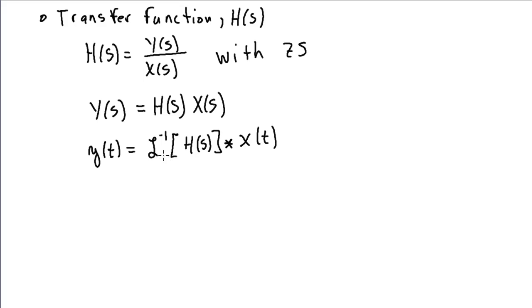So I can write y(t) is going to be the inverse Laplace transform of H(s) convolved with x(t). But we also know from previous chapters that we can get this zero state component, y_x(t), by convolving h(t) with x(t).